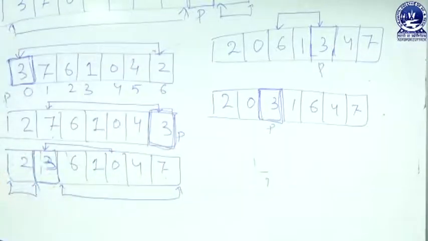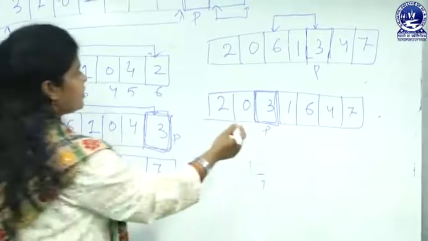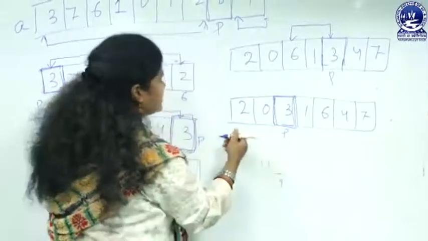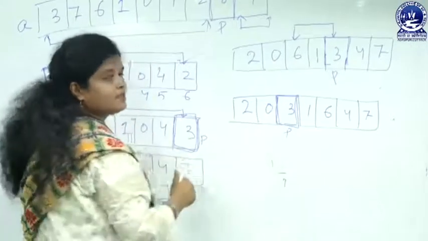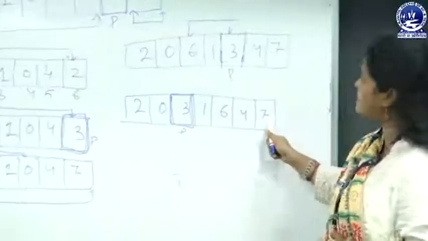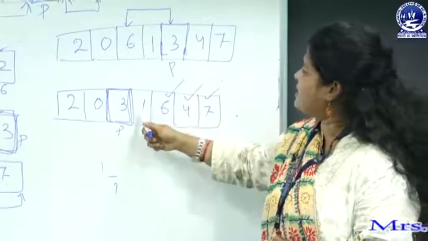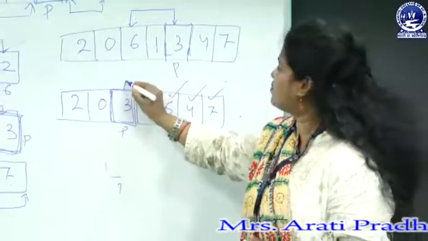Again we will compare with the left elements and then the right elements. All the left elements are smaller, yes. We will come to the right side: it is greater, greater, greater, now it is violating the rule. So, swapping.